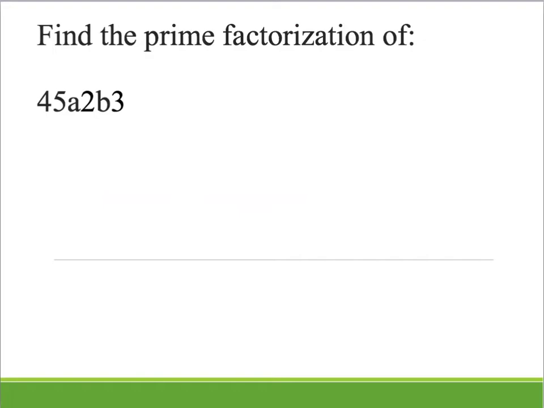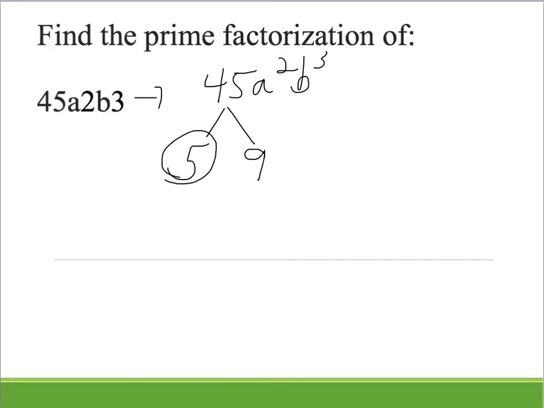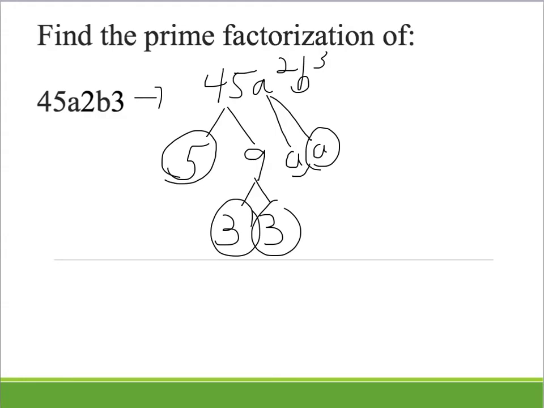Doing prime factorization including variables is going to look like this. Here we have the monomial 45a squared b to the third. In order to factor this, I can take the factor tree of 45. 5 times 9 is 45. 5 is prime, and for 9, I have 3 times 3. If I want to factor a squared, a times a gives me a squared.